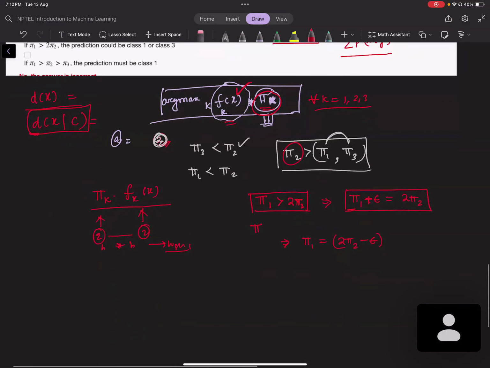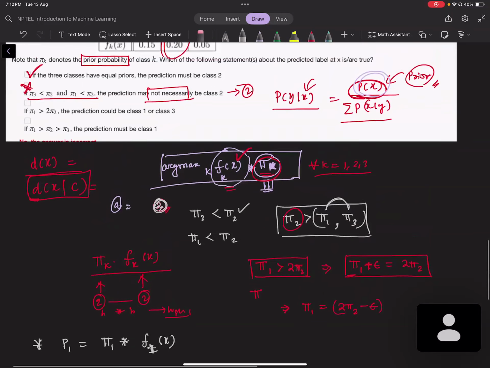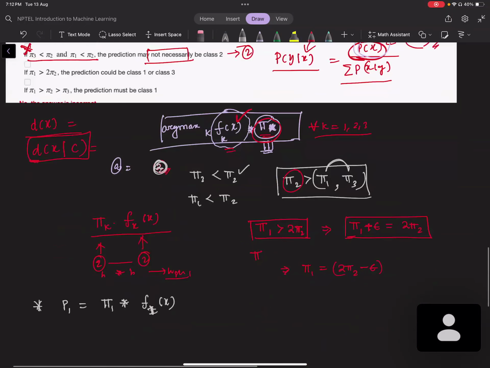So if I put this into this formula, the prediction for class 1 would be pi 1 into f1 of x. f1 of x is 0.15, and this is equal to 2 pi 2 minus epsilon into 0.15.